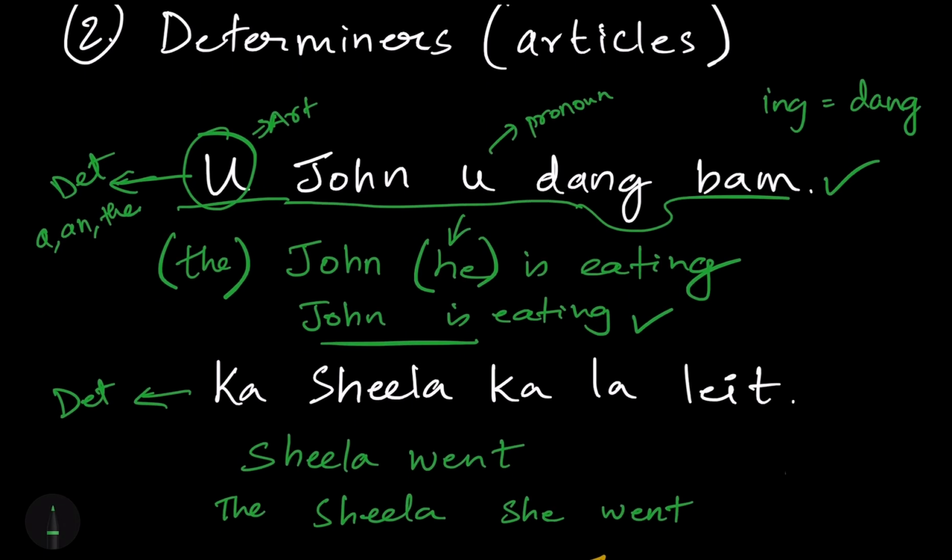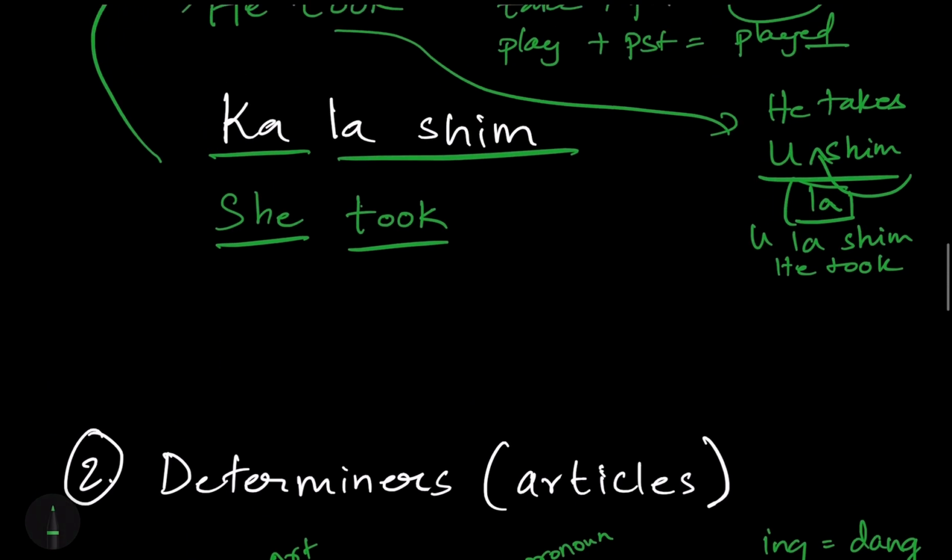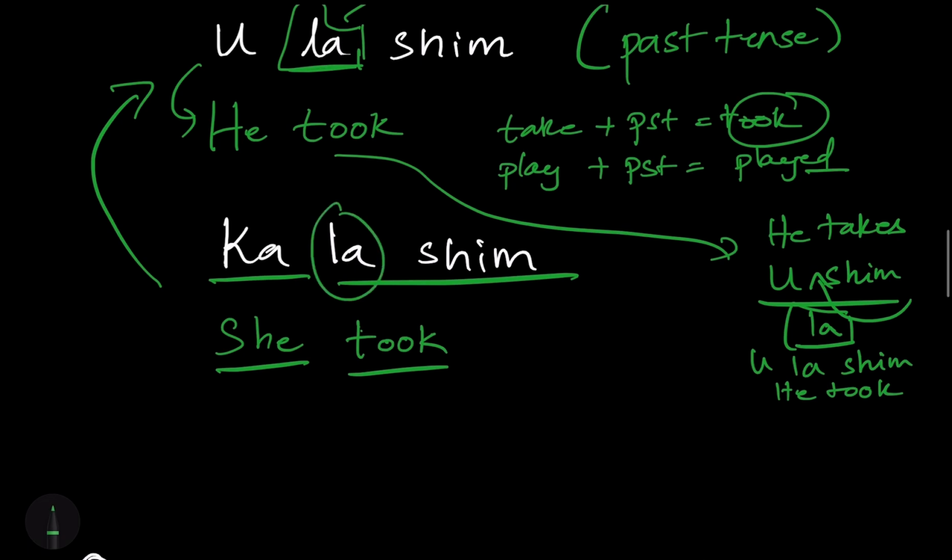Let's take another example. Ka Sheila ka la lay. So Sheila went. La means past tense marker, as I already said, like u la shim.